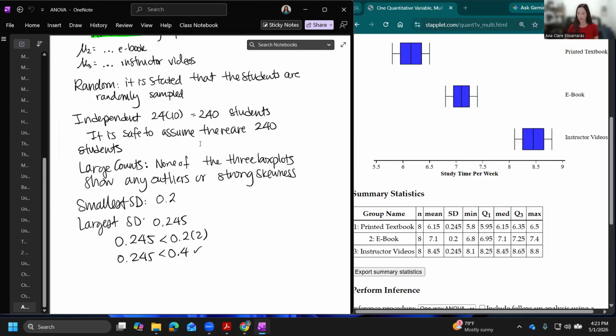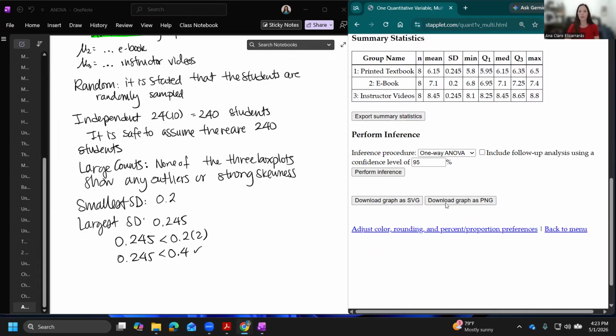What we can do then is look at performing our calculations now. In order to perform our calculations, what we need to do is run an F-statistic or do an ANOVA test. So back in StatLet, we're going to scroll down, and I already have one way ANOVA preloaded.